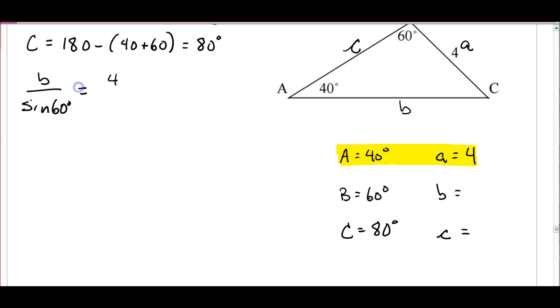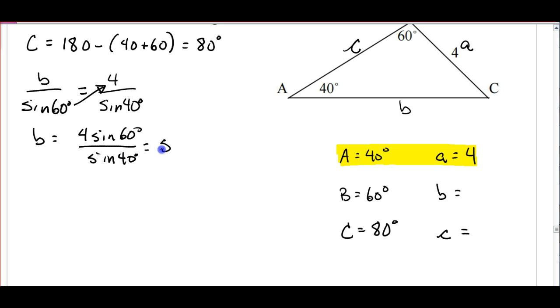So it's 4 over the sine of 40. If I do it this way, what it allows me to do is just cross multiply one way, and then I'll get b isolated already. So then I get b is equal to 4 sine 60 degrees over sine 40 degrees. And if I go ahead and plug that into my calculator, I should get about 5.4, which I can go ahead and plug into my answer chart.